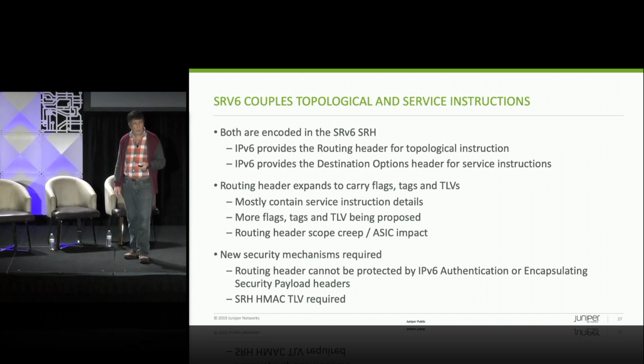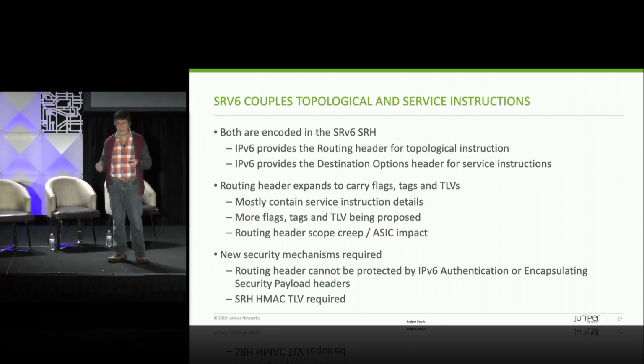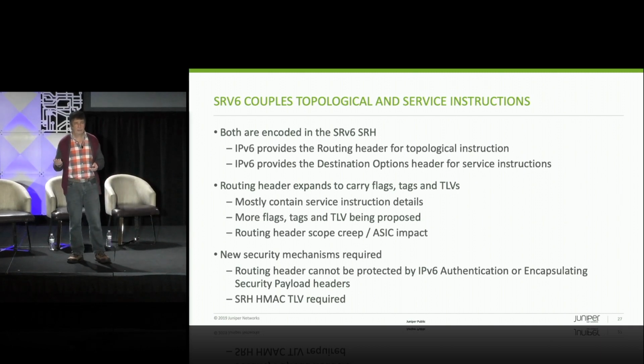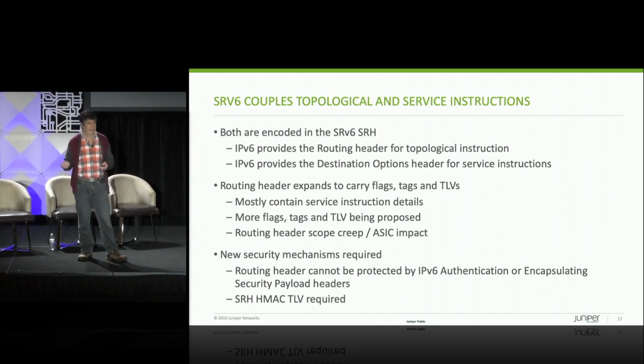Now, what happens if an instruction gets bigger than the low order bits of an IPv6 address? Well, then we have to start expanding that routing header. SRv6 defines a routing header called the segment routing header. It has more fields than the compressed routing header. It has tags, flags, and TLVs.